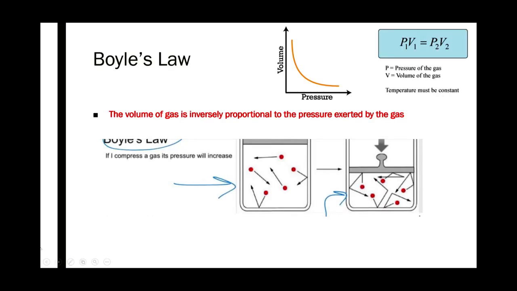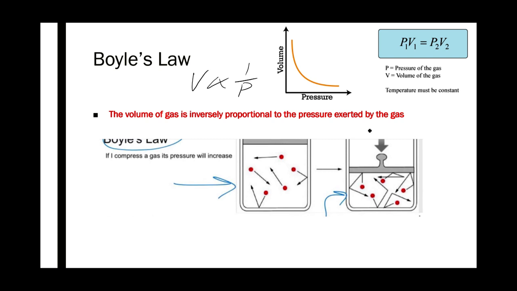Okay, does everyone remember Boyle's law from chemistry back in the day? Boyle's law basically states that for a gas, and remember inhaled air is a gas, the volume of the gas is inversely proportional to the pressure.